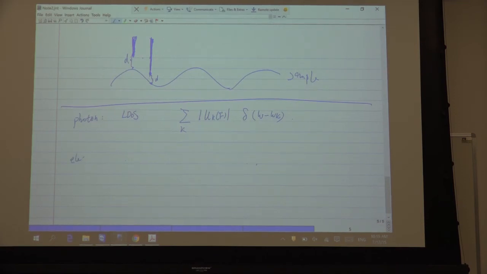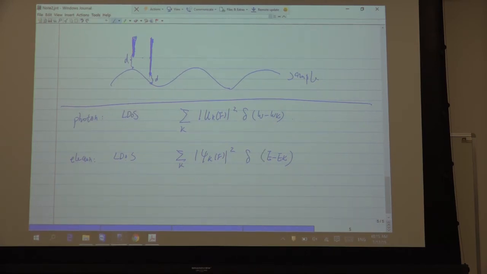For electrons, the LDOS, local density of state, is also quite similar: the wave function at r squared, times delta of E minus E_k. Because E is similar to omega, it's h bar omega. You can see things are quite similar.